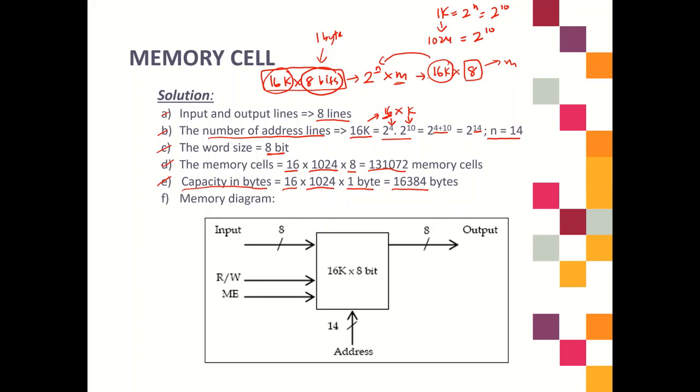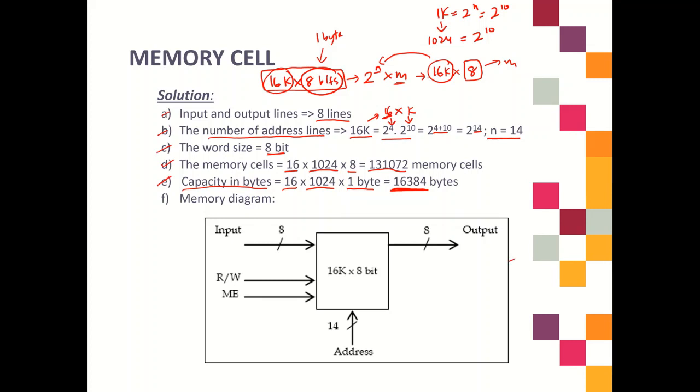Or you also can find the capacity in bits, which uses the same formula as memory cells. Your memory cells here is 131072, so your capacity in bits is also 131072. You just divide by 8, so you will get the same value, 16384 bytes.